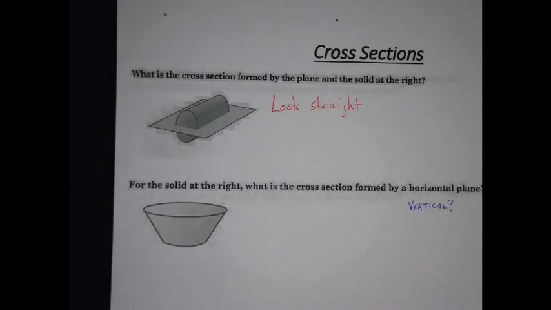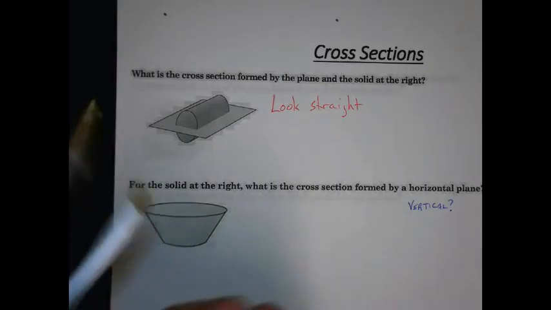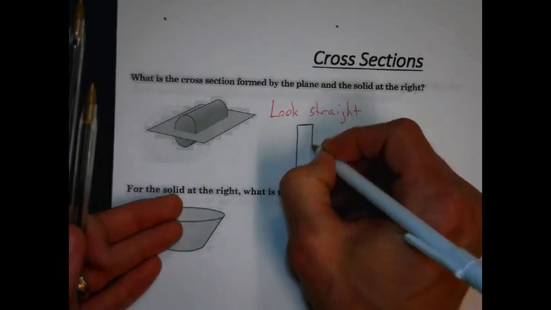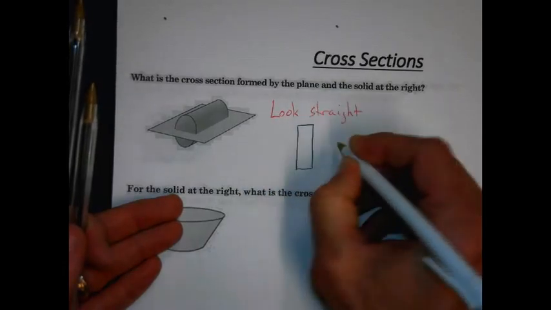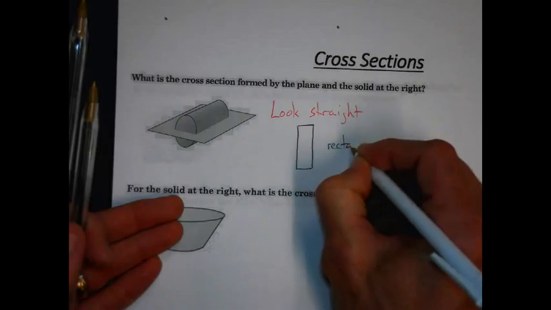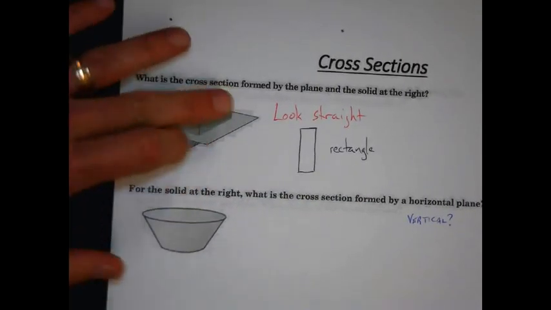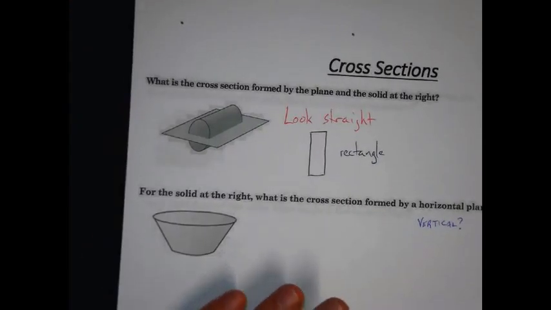What would we see? Remember, this is visualization, and so in this case, what we would see is a rectangle. Okay, so the cross-section in this particular diagram is a rectangle. So if we look straight at it, that's what's happening here.